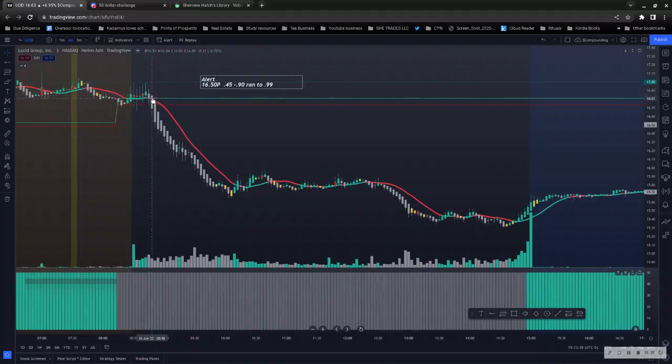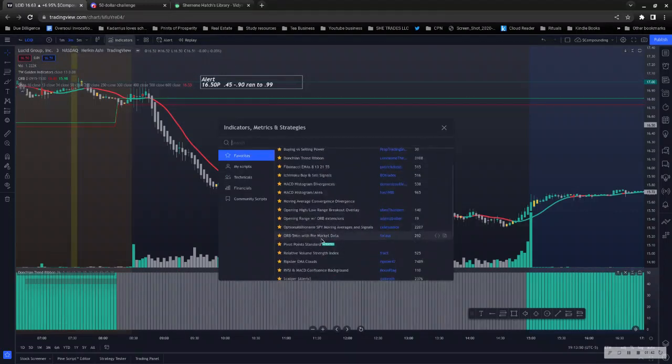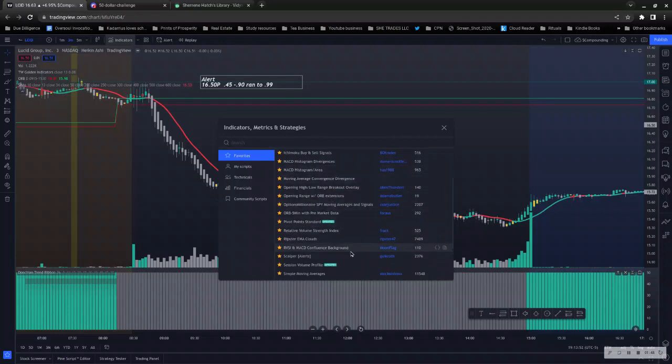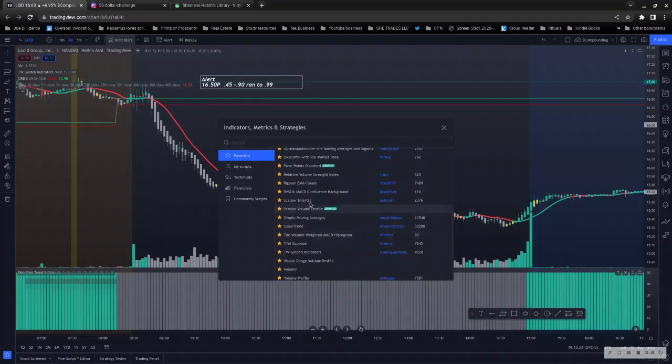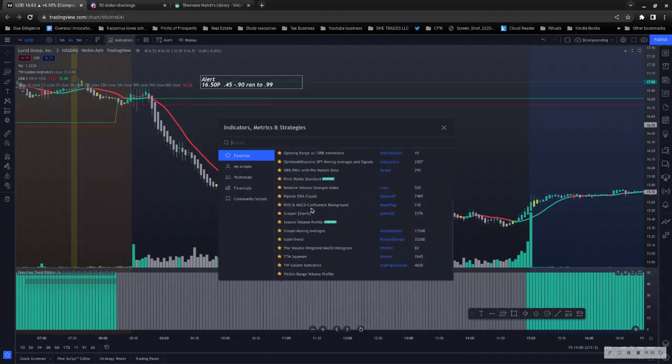Could not get through. So once it broke this level here on this ORB, let me give you this indicator. This is the ORB overlay indicator. Let me find it. Y'all know I love my indicators.